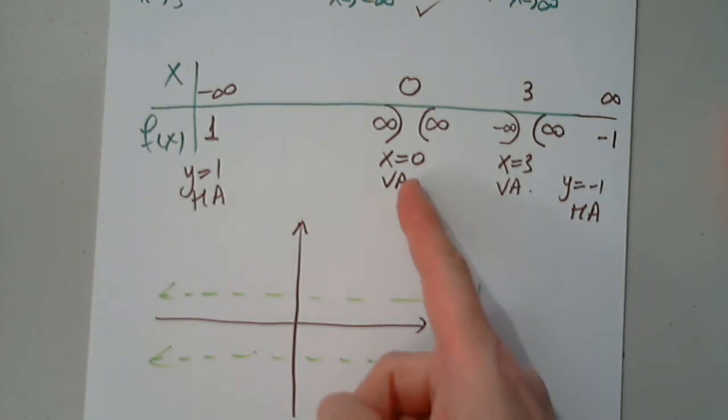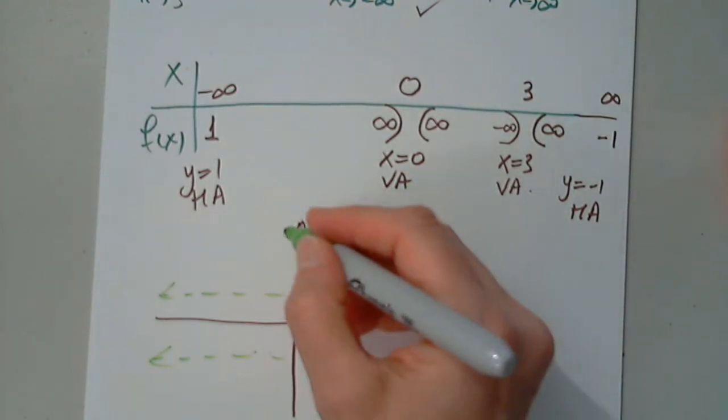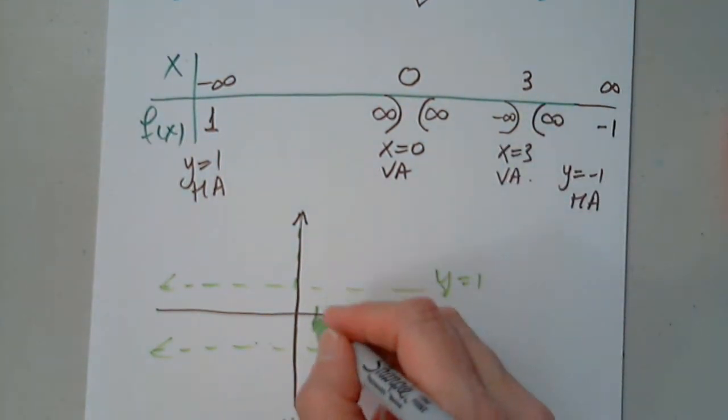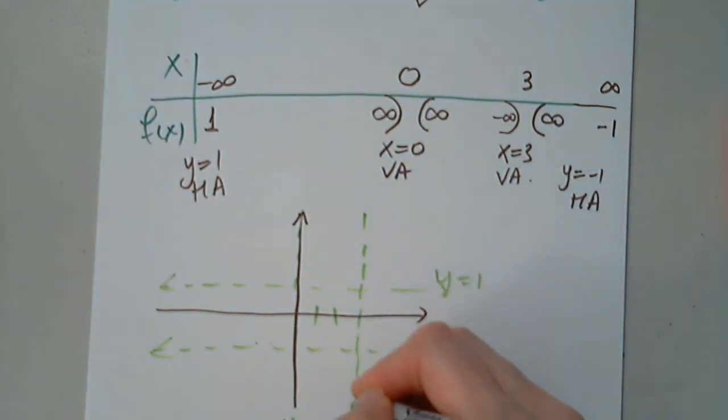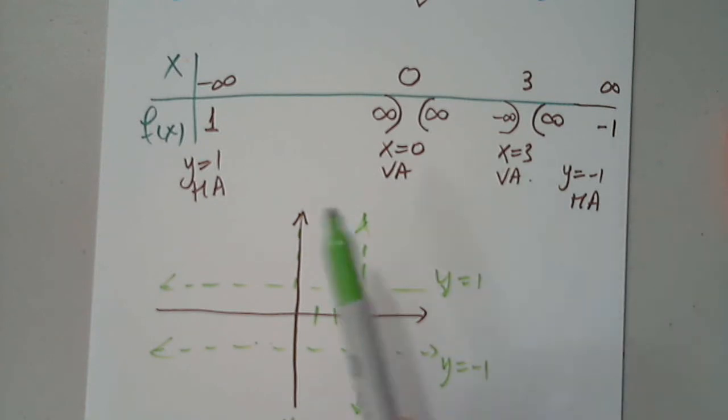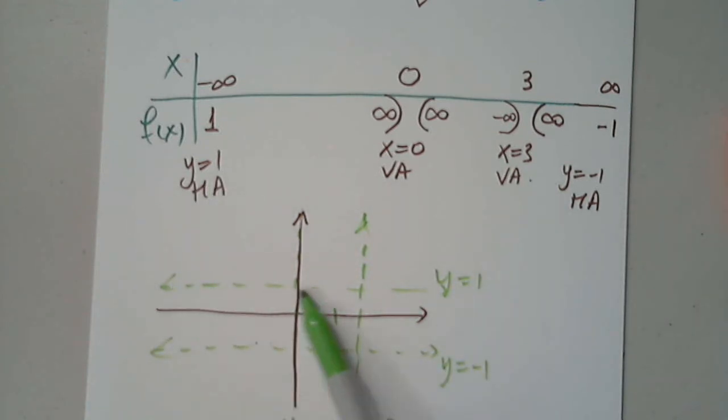Now I have to graph x equals 0. There is no need, it's already there. Now I have to graph x equals 3. So I positioned the vertical asymptotes, I positioned the horizontal asymptotes, and now I'm ready for the graph.